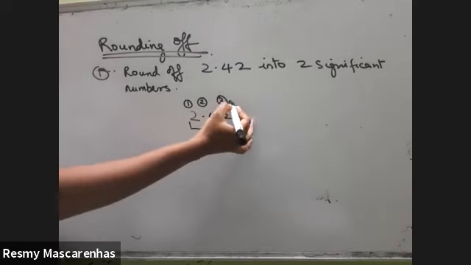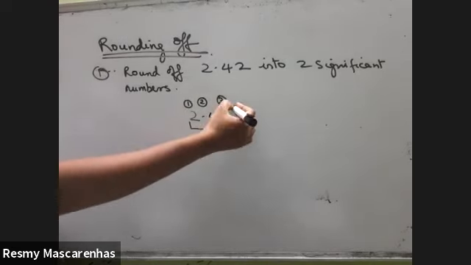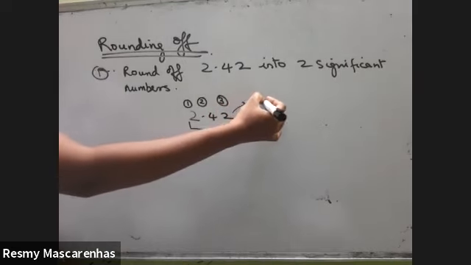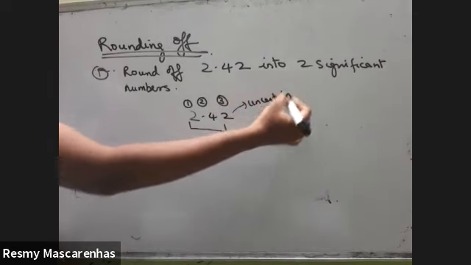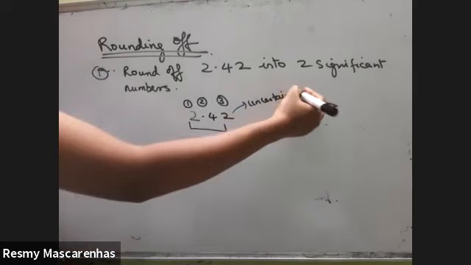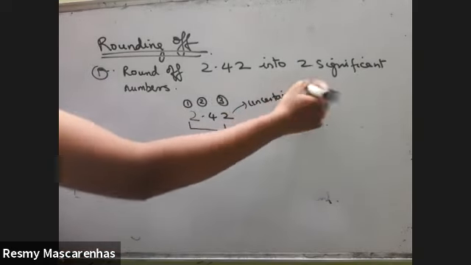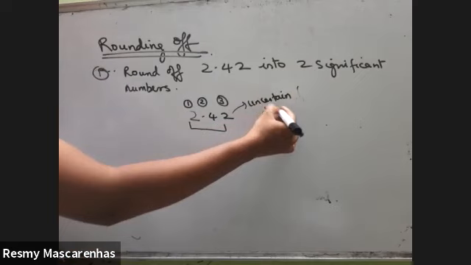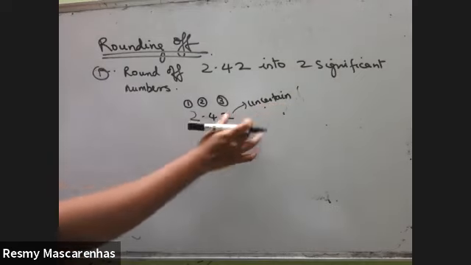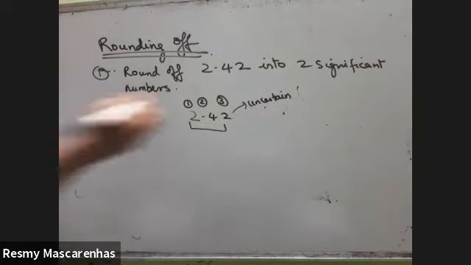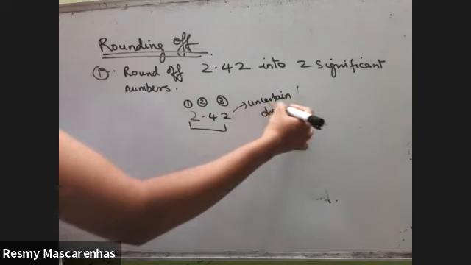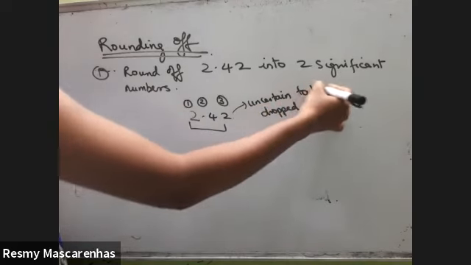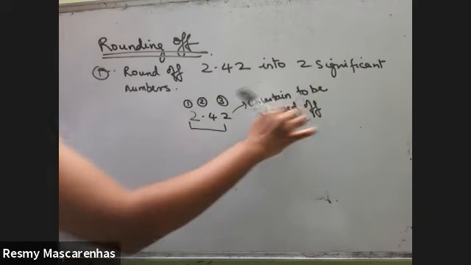So this last one, as I told you, is always called the uncertain figure. The uncertain figure is to be dropped off, whatever it may be. I don't want this. This word we have come across in the textbook.